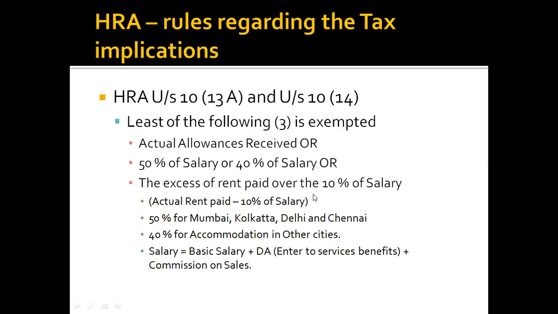If it does not, you need not consider the DA part. And the next one is commission on sales. Putting these three amounts together, we call it salary. From this salary we calculate 10% for the third amount, and 40% or 50% for the second amount. These are the rules regarding calculation of exempted HRA and taxable HRA.